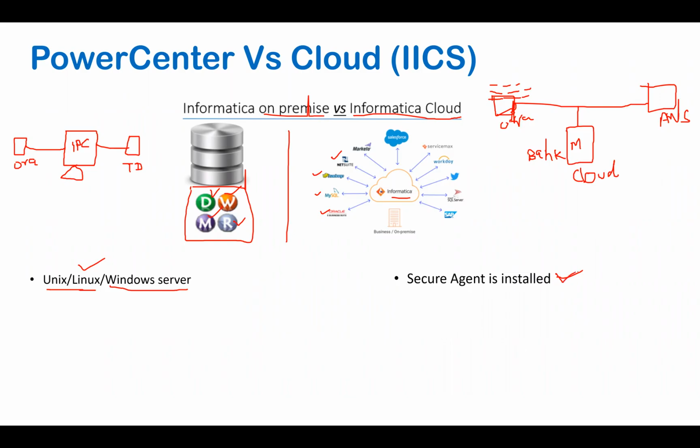In a real-time project, only the secure agent will be installed in the project environment, and you just connect to IICS by opening it. That's it. Okay, so here you need to install the Informatica on-premises server, and the client also you have to install. The server is in one place, and the client you have to install.